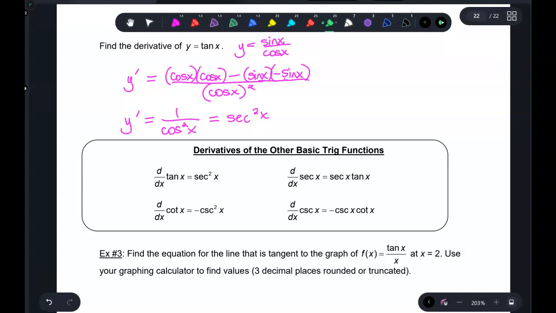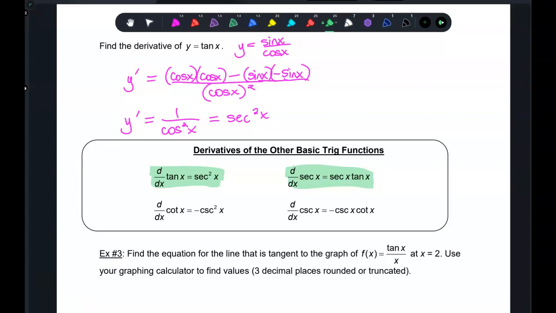All right, I am going to tell you, you need to memorize these two. You don't need to memorize the bottom two. They might show up in a homework assignment here or there, but generally it's just sine, cosine, tangent. Derivative of tangent is secant. Derivative of secant is secant tangent. The other two just don't really show up much.